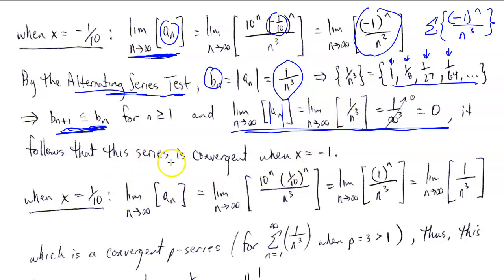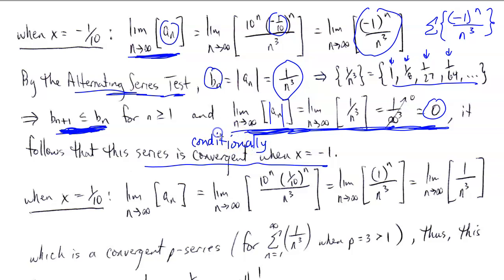So we see here that since our b sub n plus 1 is less than or equal to b sub n, and the limit of the non-negative version of our sequence that makes up the series goes to 0, it follows that our series is going to be convergent, okay? And I'm going to throw in here that it is conditionally convergent because of the fact that it's an alternating series here, okay?